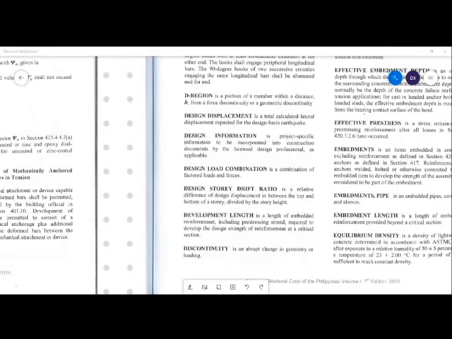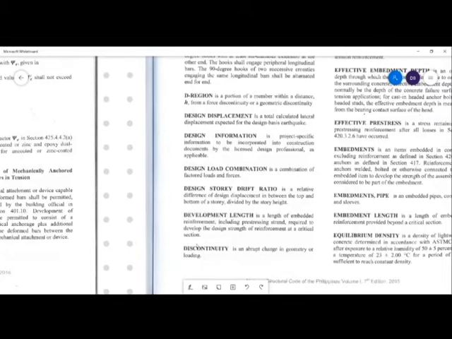So basically, the purpose of the reinforcement we designed in our footing is to help our concrete footing withstand tension from the moment.